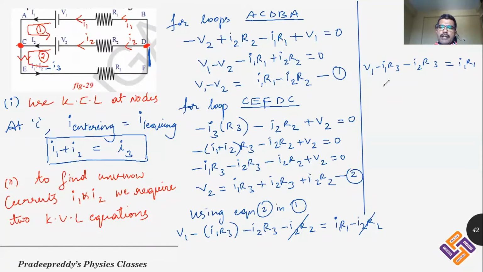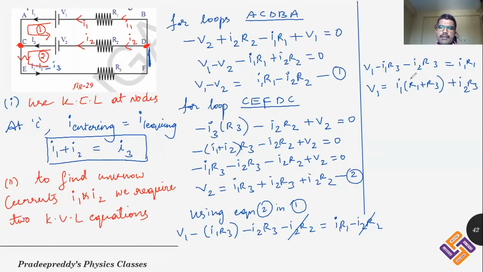So from here you can write V1 is equal to I1 R1 plus I1 R3, as I1 R3 is coming to the other side. I1 I am taking common, so it is R1 plus R3. And the second term, I2 R3, is going to the right side, so it is I2 R3.